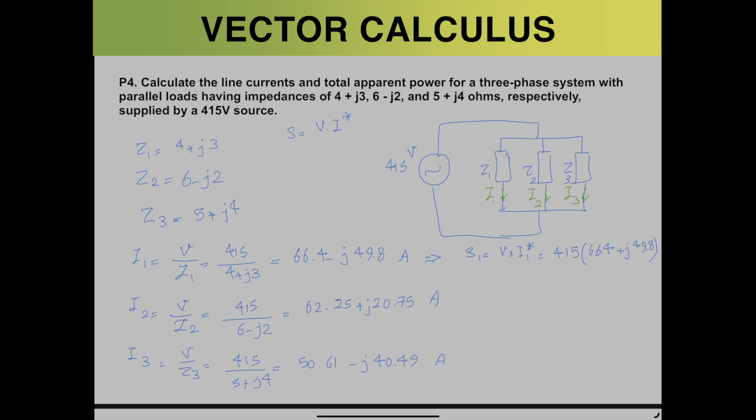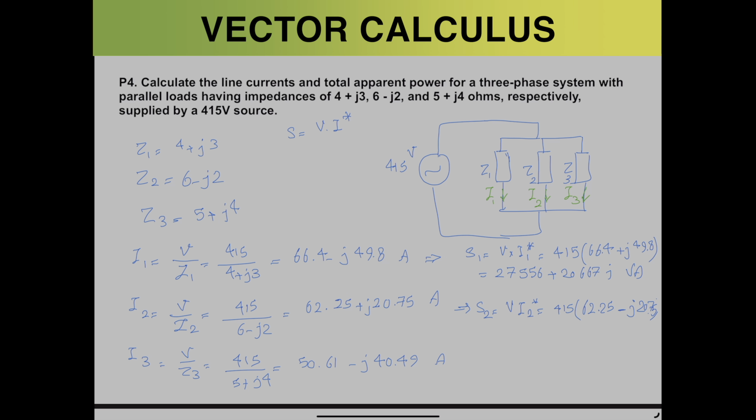So essentially, this is S1, and if you multiply that, you would get 27,556 plus 2667 J volt amp. Similarly, S2 becomes V times I2 conjugate, and it will be simply 415 times 62.25, this time minus J20.75.